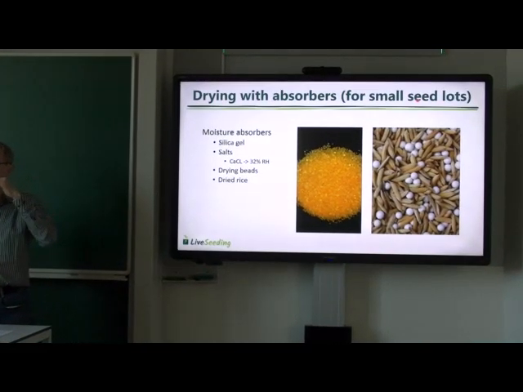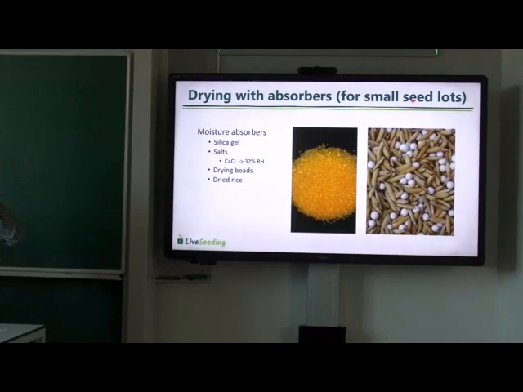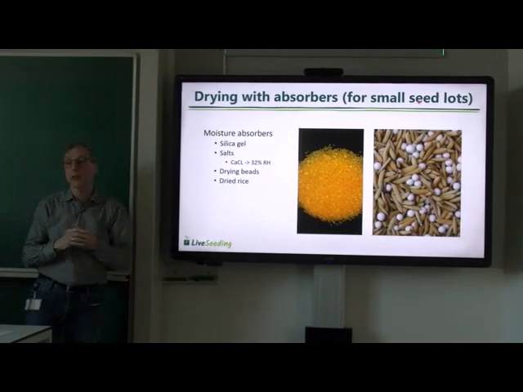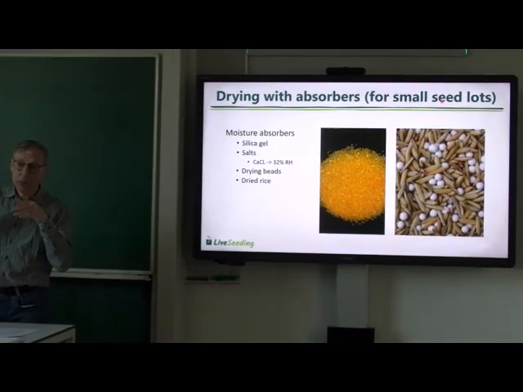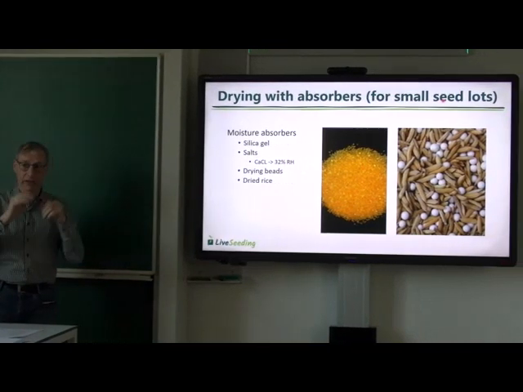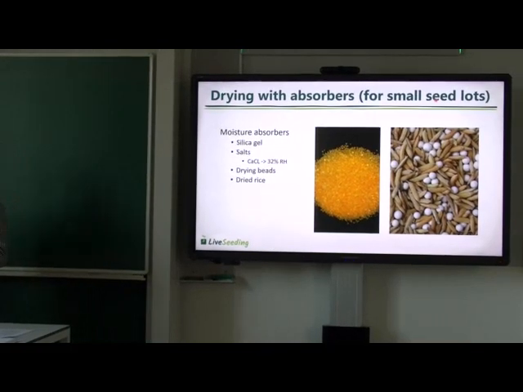And for table salt, sodium chloride, it is 75% relative humidity, and for calcium chloride, it is 32% relative humidity. There is a temperature effect, but this is at room temperature.